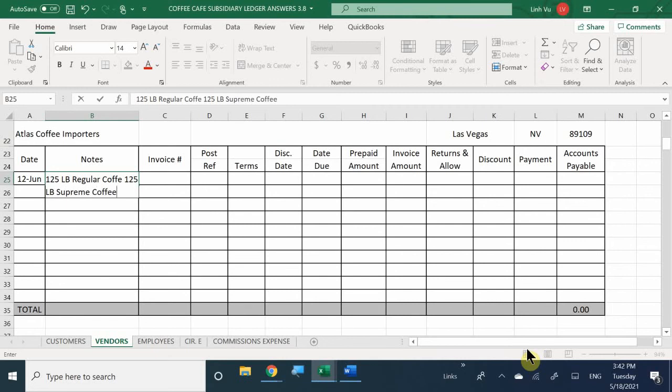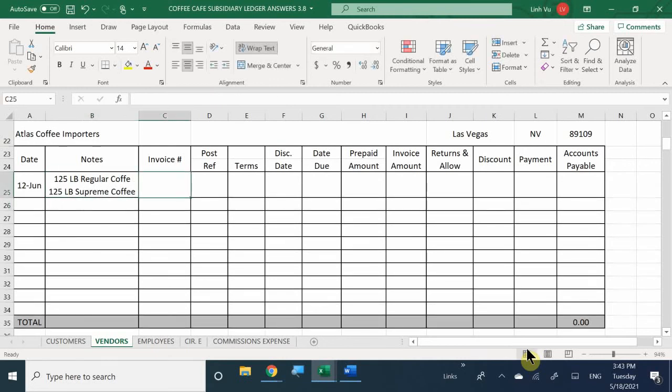Pretty straightforward. You could write their actual quoted amount per unit price if you like. It doesn't matter. Invoice 315. General Journal 4. And terms. Were we given terms? Yes. 1%, 15, net 30.